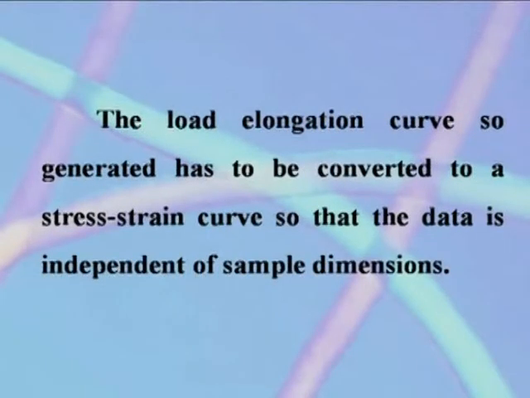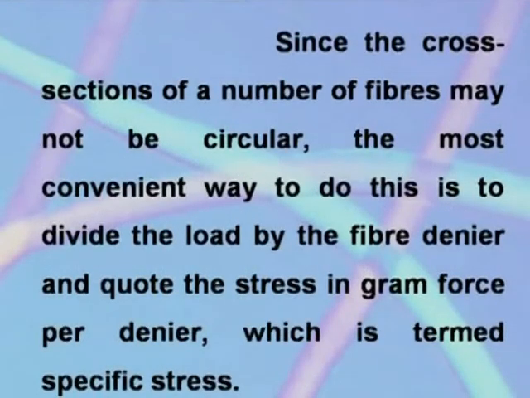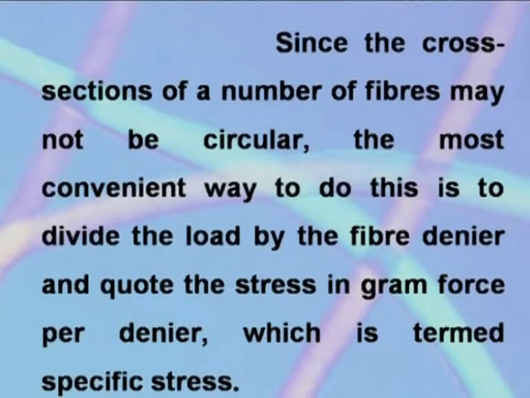The load elongation curve so generated has to be converted to a stress strain curve so that the data is independent of sample dimensions. Since the cross sections of a number of fibers may not be circular, the most convenient way to do this is to divide the load by the fiber denier and quote the stress in gram force per denier, which is specific stress.